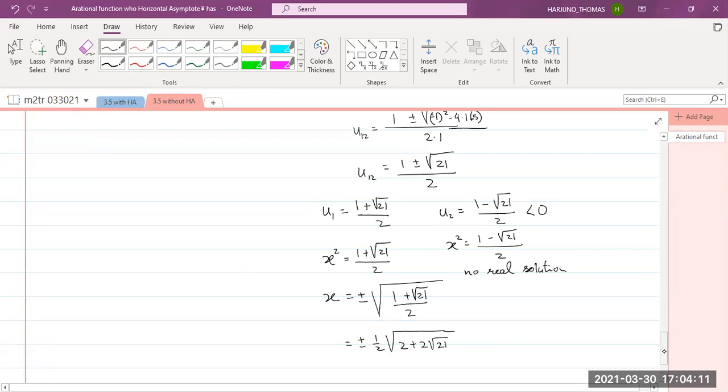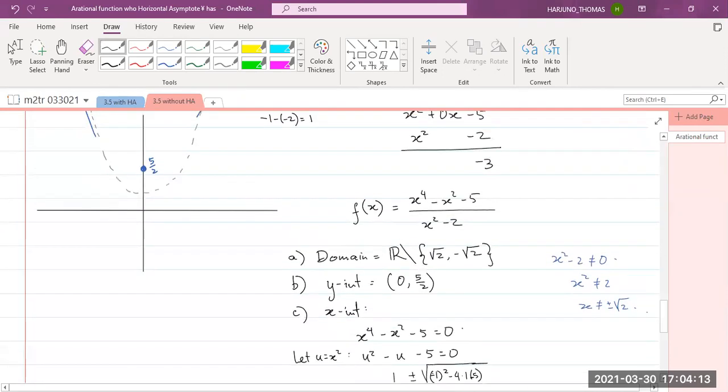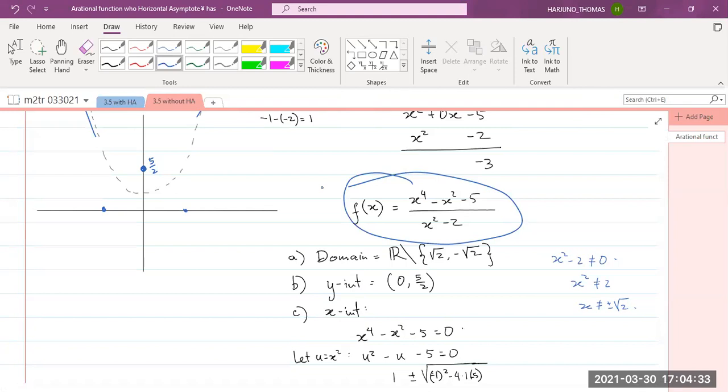So if I go back to my graph, I will have an x-intercept somewhere here and somewhere here. In fact, this function is an even function. Try to replace x by negative x, and you get exactly the same function, so it is symmetric with respect to the y-axis.